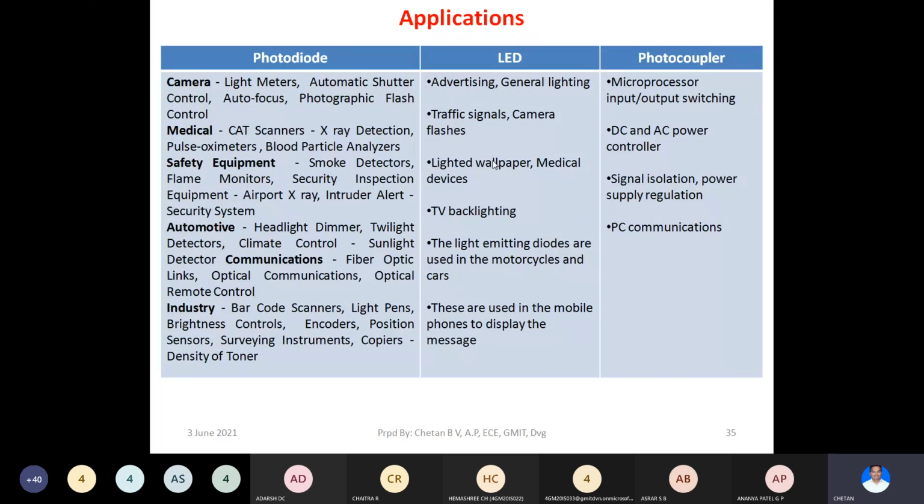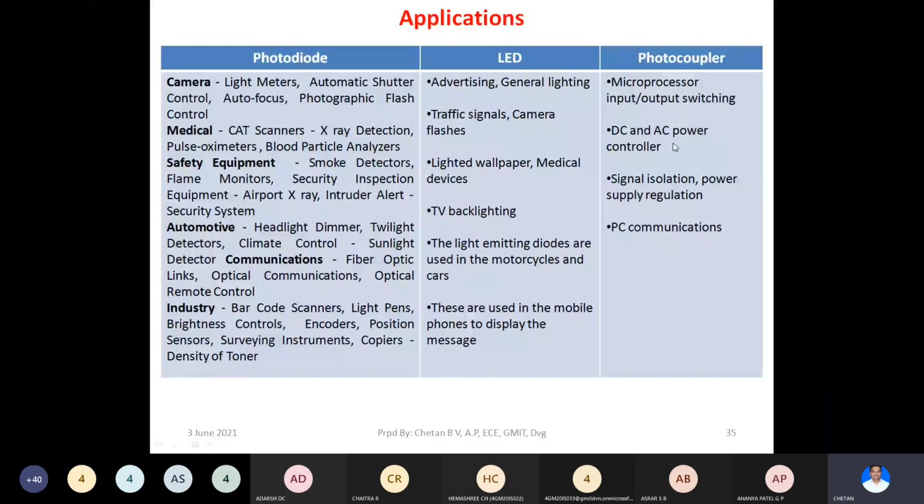Coming to the photocoupler, it also has many applications. Actually, this photocoupler, as you know, is a combination of photodiode and LED. The specific application of the photocoupler is in a microprocessor. Inside a microprocessor, it is used for input-output switching. It is used for DC and AC power controllers, signal isolation, because it isolates the two parts of a circuit.